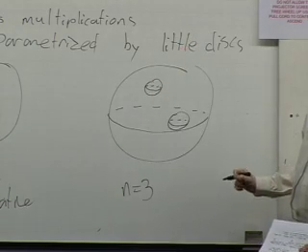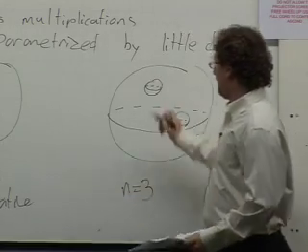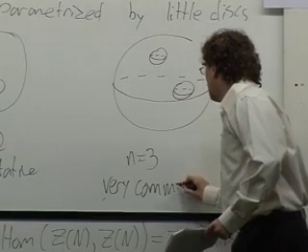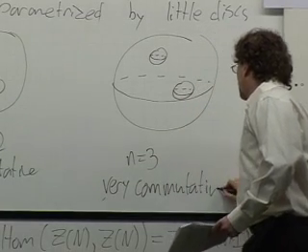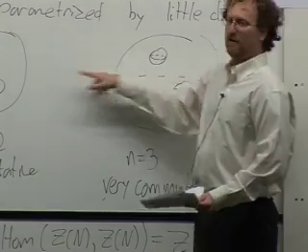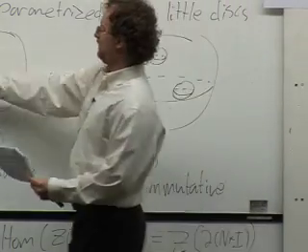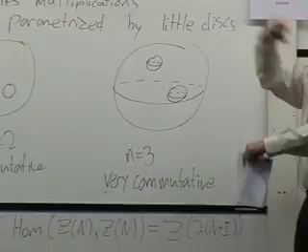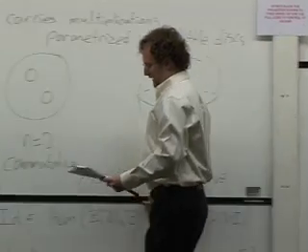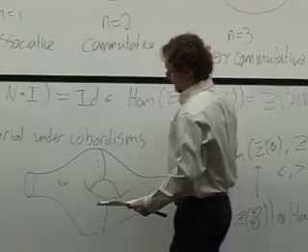And again, this gives me a multiplication, and I want to say it's somehow very commutative. This doesn't really mean anything at this point, but I somehow feel that I have a lot more room to move around. Here I can move these 2 points around each other. Here I really can move them around much more freely. And okay, that's going to make a little more sense in a bit.